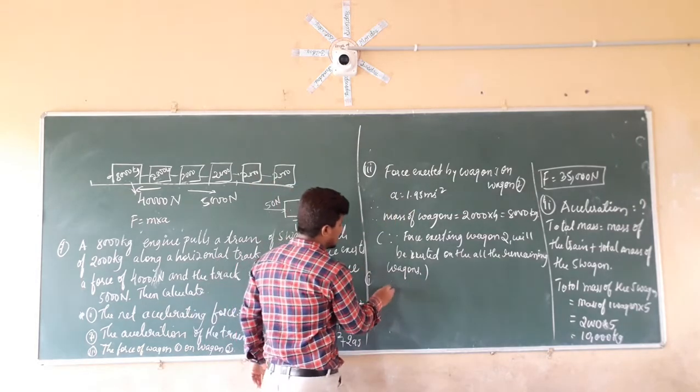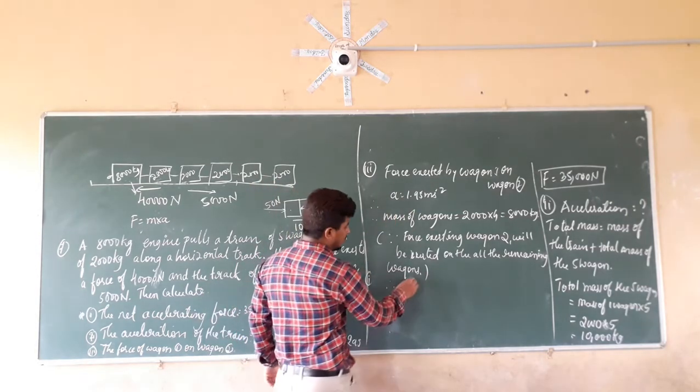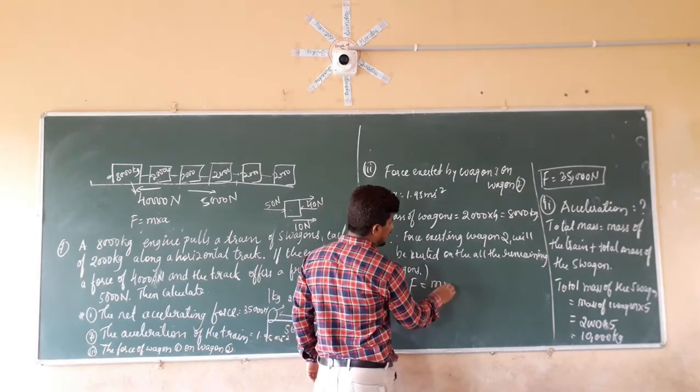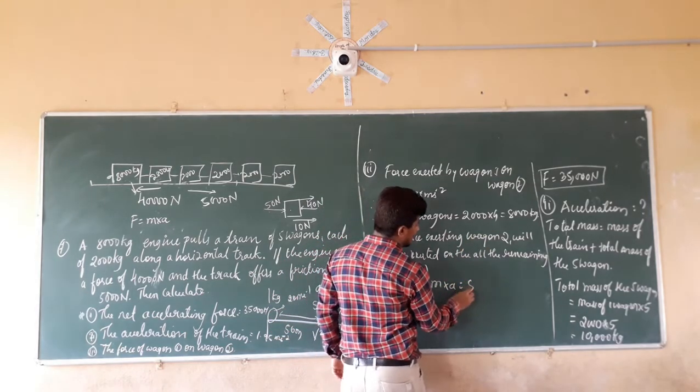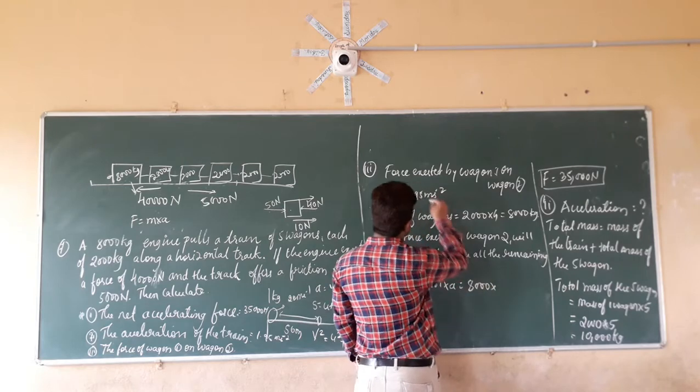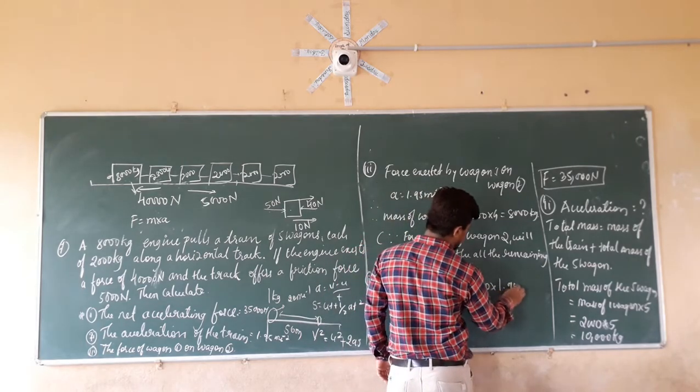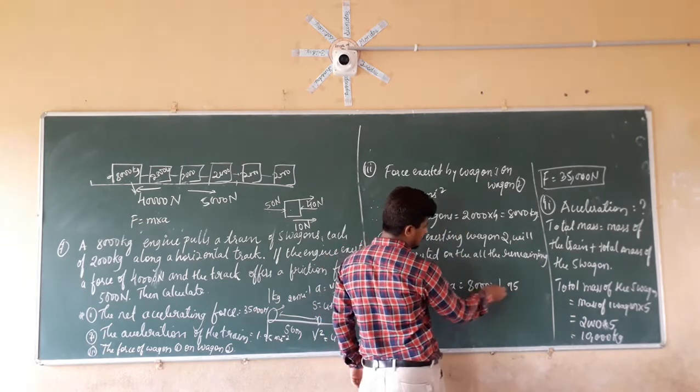Therefore, by Newton's second law of motion, we have F is equal to m into a. Therefore, F is equal to 8000 into the value of a, which is 1.95. So I am going to remove the decimal points here.